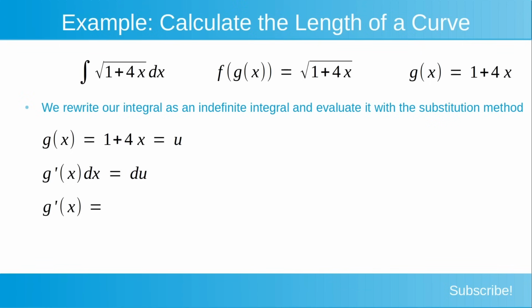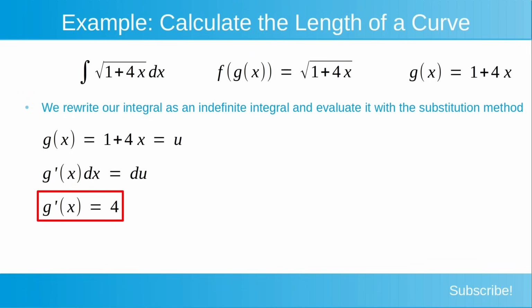We next calculate g prime x. The function g of x is equal to 1 plus 4x. The derivative of this function with respect to x is equal to 4. In order to calculate g prime x dx, we can add dx to both sides of this highlighted equation.